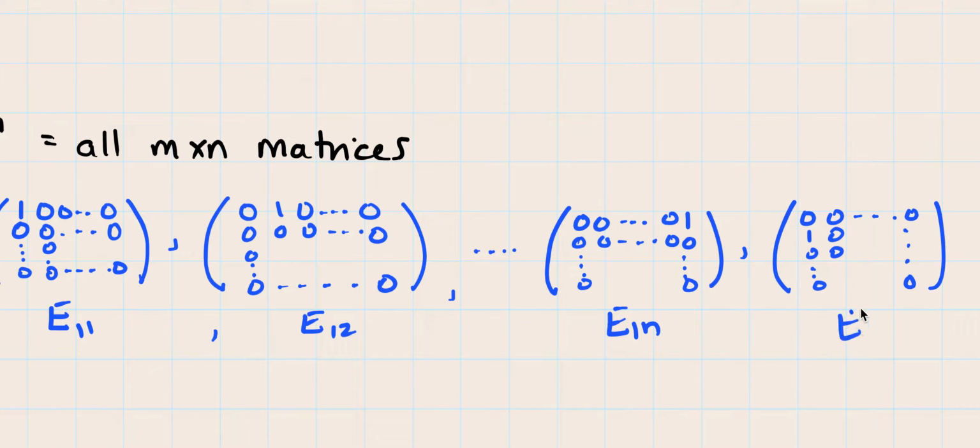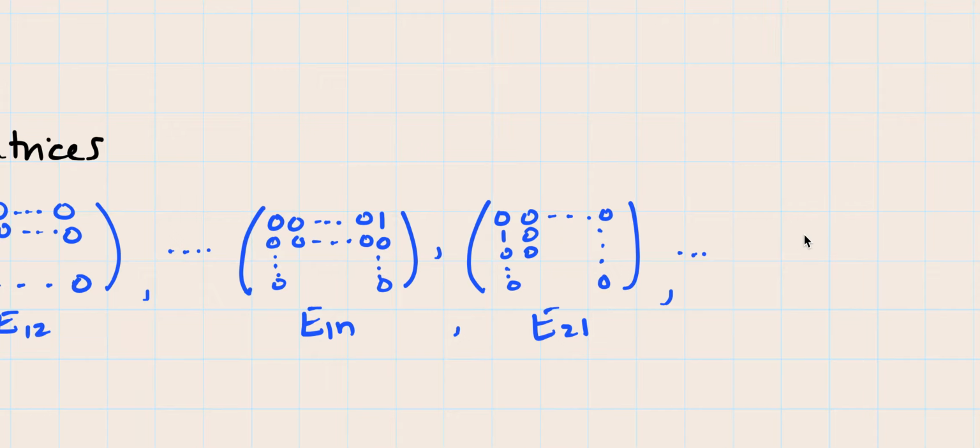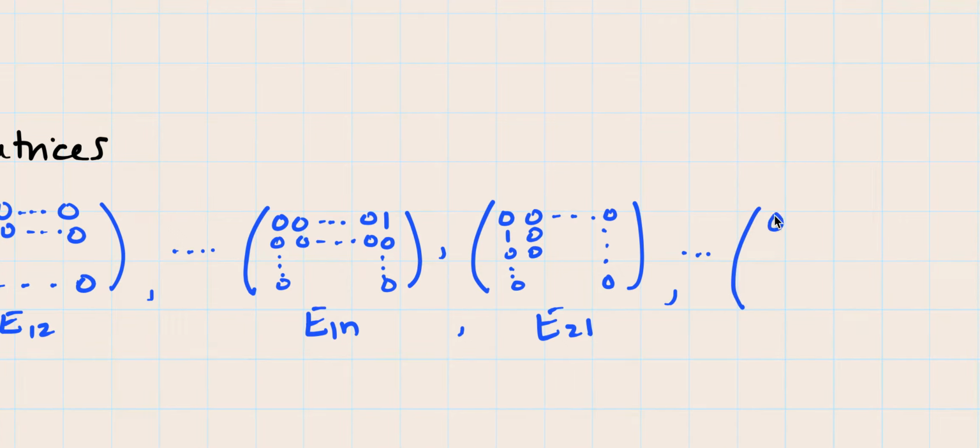And this is E21, and so on, all the way until you get to a 1 here. And this is EMN, because this matrix is an M by N matrix.